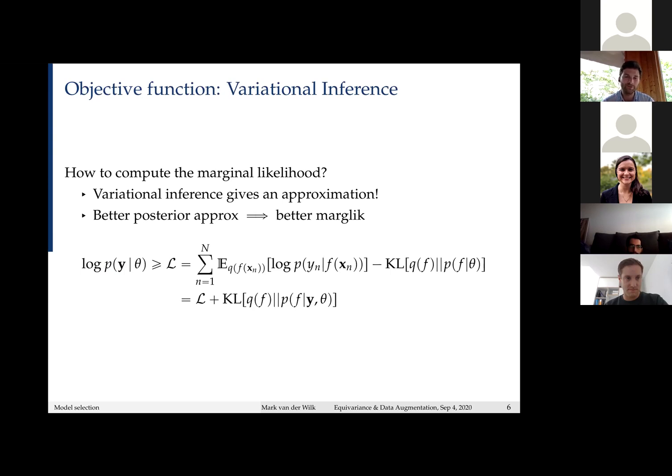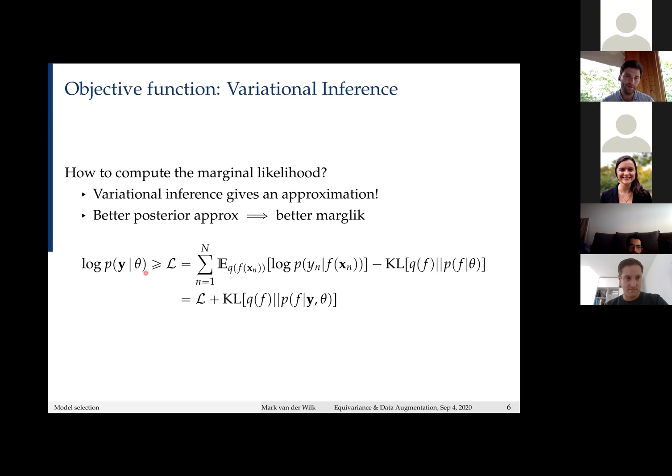So the posterior distribution is a measure of the uncertainty that we have about the weights of our function. And variational inference essentially gives us a way to learn both at the same time, and the better we learn or represent the uncertainty we have about the weights, the better we have this approximation, this lower bound to the marginal likelihood. So this gives us a procedure for computing the marginal likelihood or approximating it.